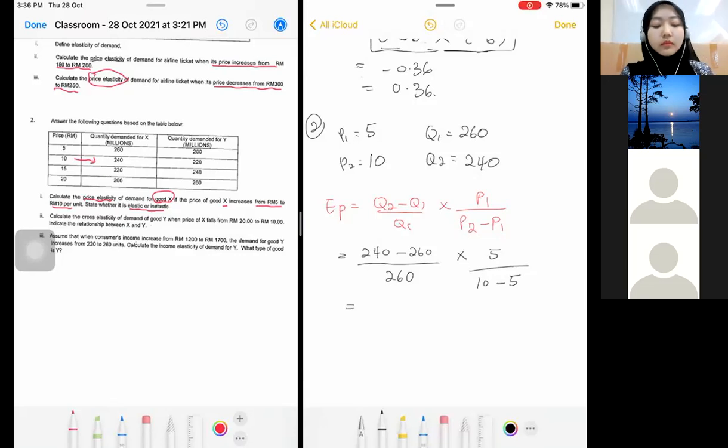Okay. So once you calculate this one, 240 minus 260, did you get the same answer as the previous question or not? Supposedly, okay, because some of your friends didn't even understand yet, right?